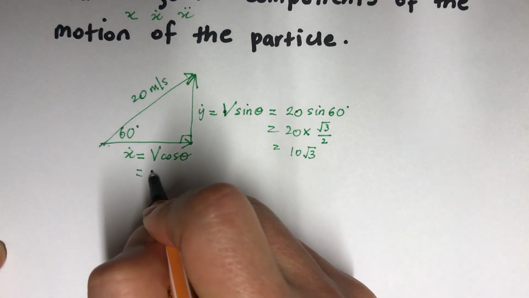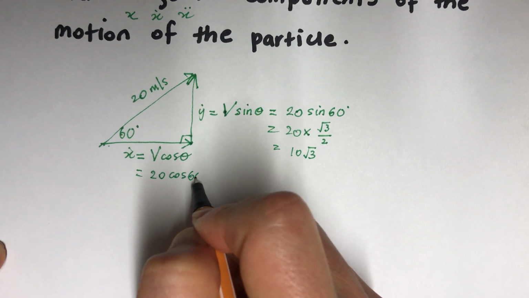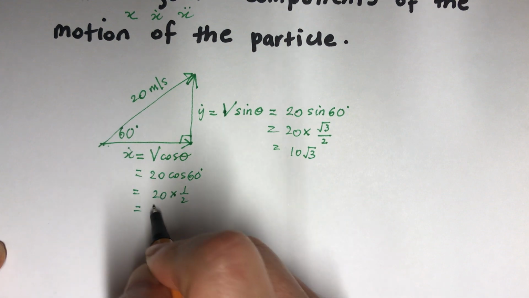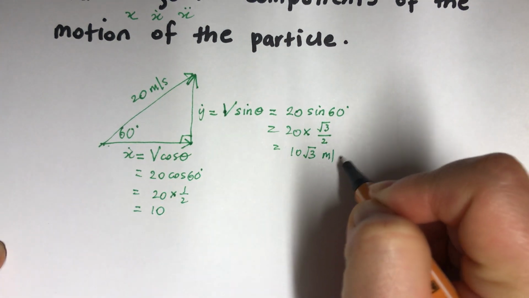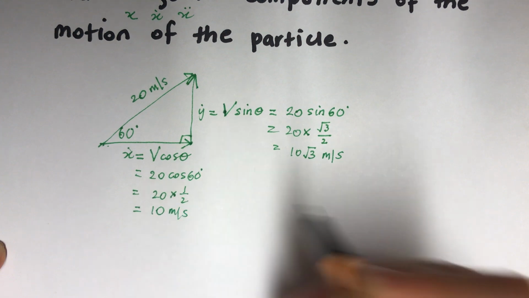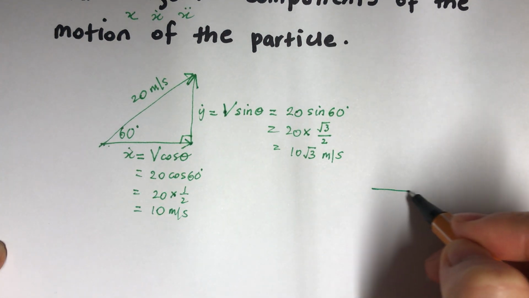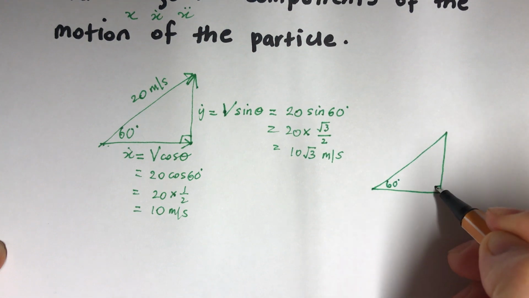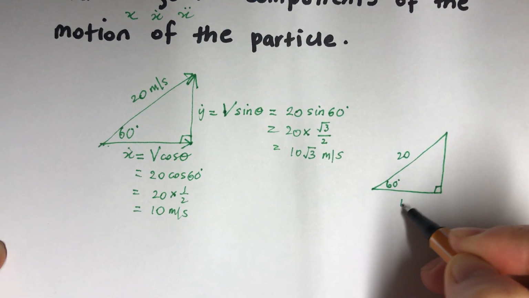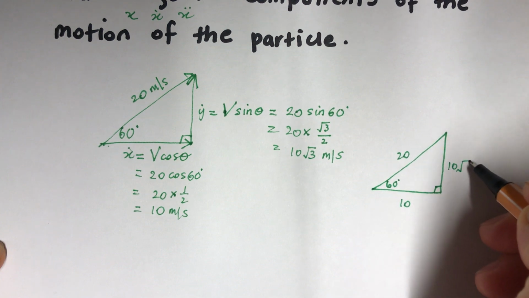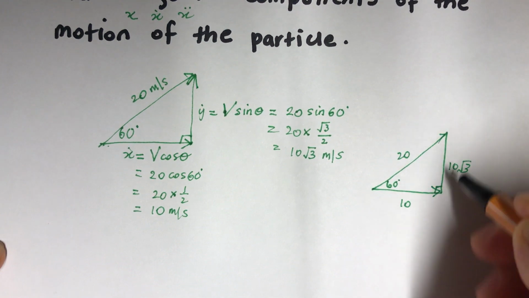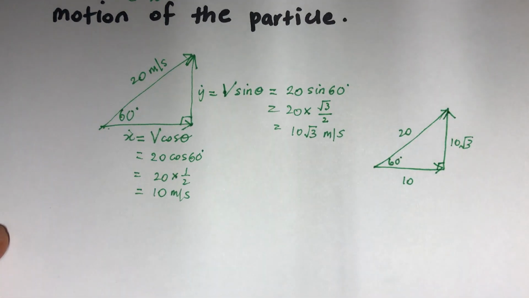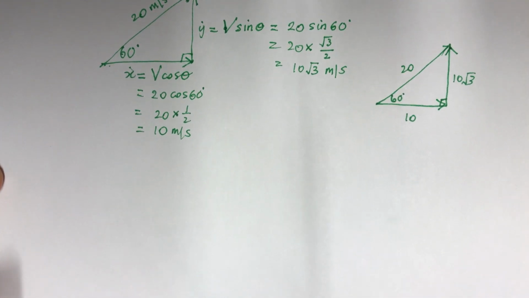And here 20 cos 60, which is 20 times half, gives me 10. They're all meters per second. So in a summary diagram: 20, 10, 10 root 3, something like that.